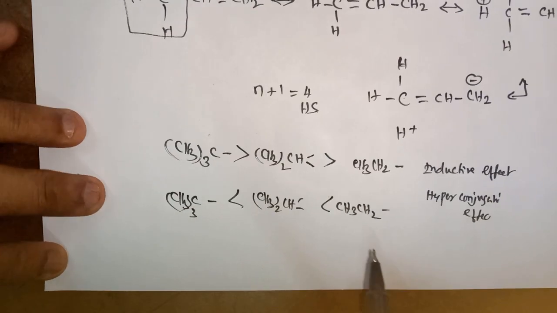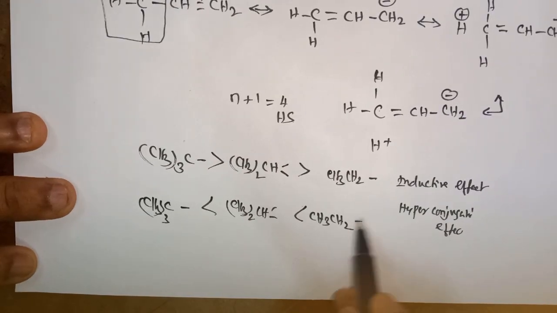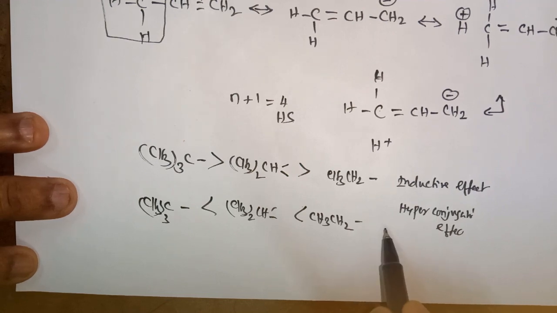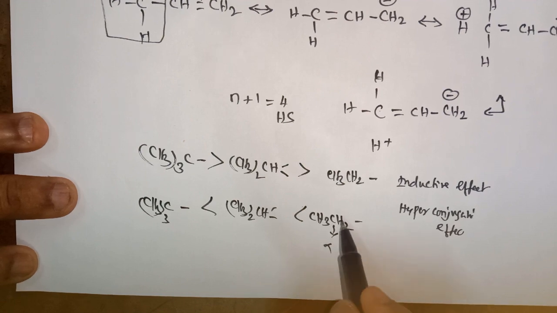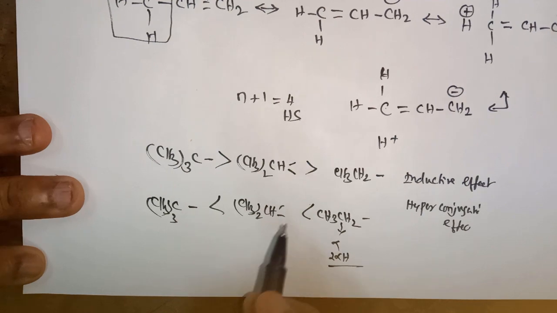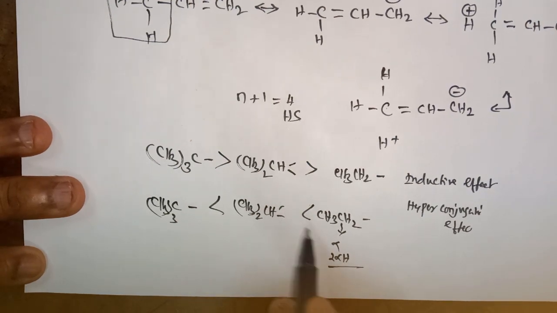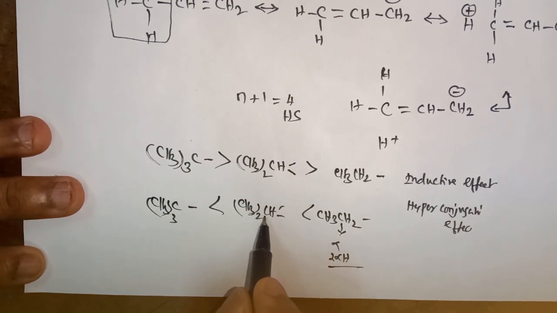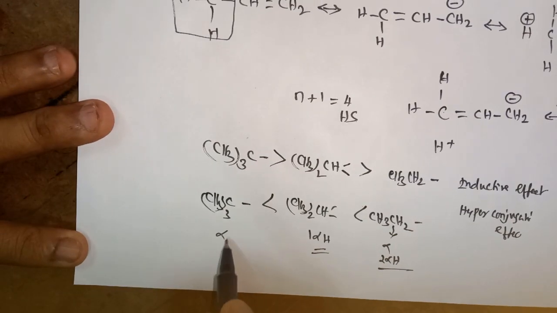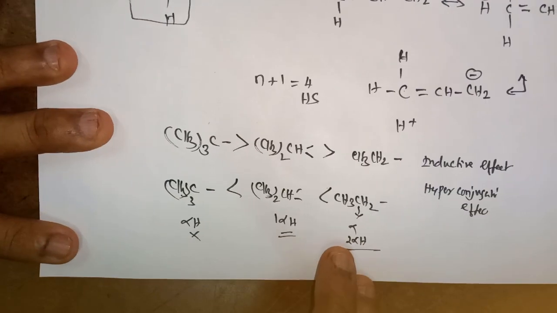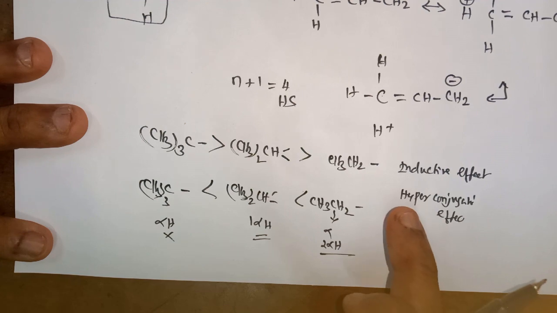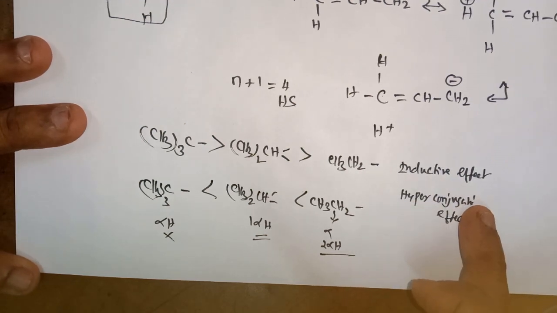Why is this the order? You see, when it is attached to a carbon-carbon double bond, or a carbon plus, or a carbon free radical, it is called the alpha carbon. How many hydrogens are there on the alpha carbon? 2 alpha hydrogens. But here, the number of alpha hydrogens is 1. But here, there is no alpha hydrogen. If the number of alpha hydrogens increases, the hyperconjugative effect or the number of hyperconjugative structures increases.